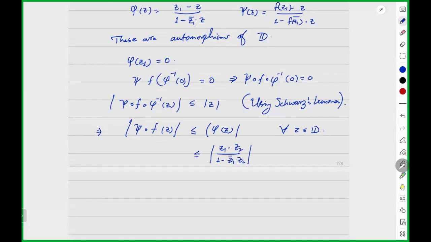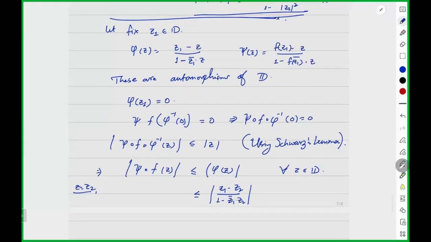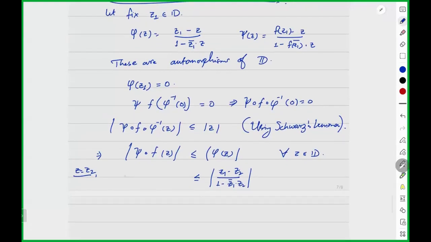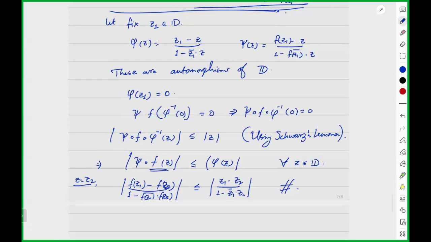And on the left side, psi of f(z2) will be f(z1) minus, in place of z, what we are writing is f(z2), divided by 1 minus f(z1) bar into f(z2). So we get this. This is what the trick was. Okay.